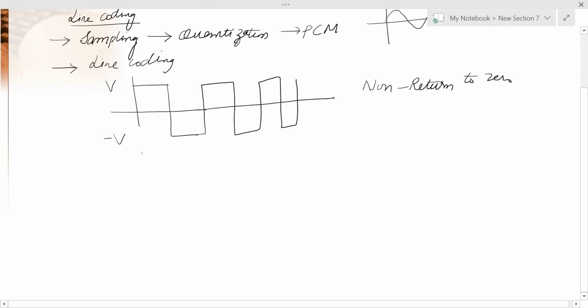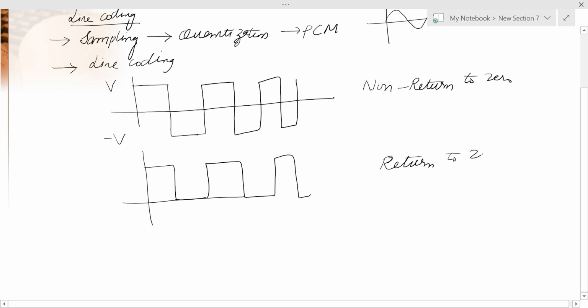There can be another possibility that you represent 1 by positive and 0 by 0. This is called return to 0, RZ, and this will be called NRZ.